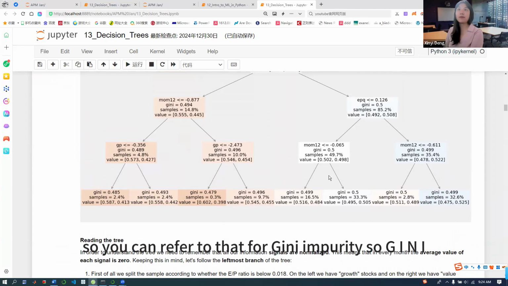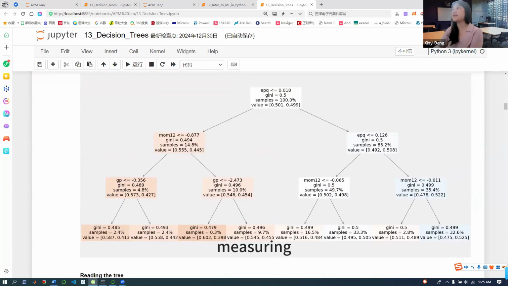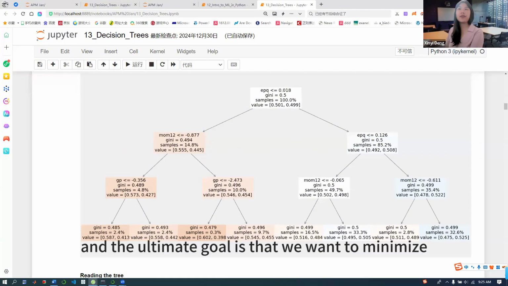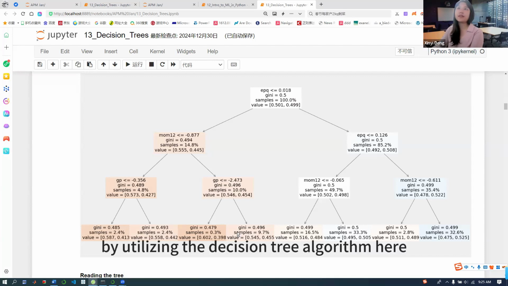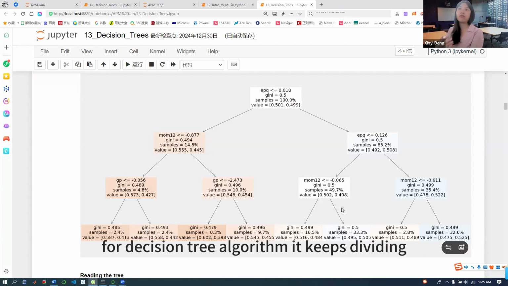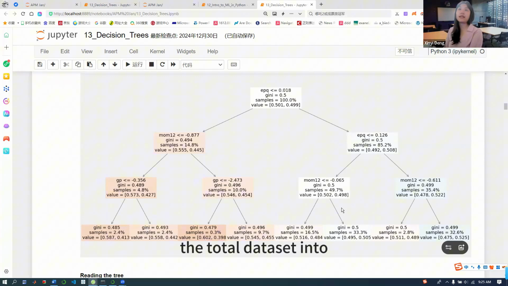The Gini impurity measures how impure the data set is. The ultimate goal is that we want to minimize the impurity by utilizing the decision tree algorithm here. The decision tree algorithm keeps dividing the total data set into smaller subsets.